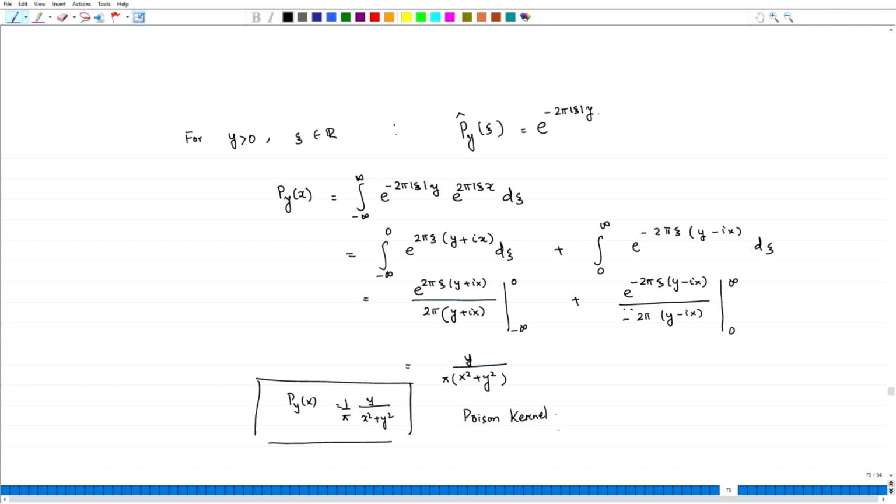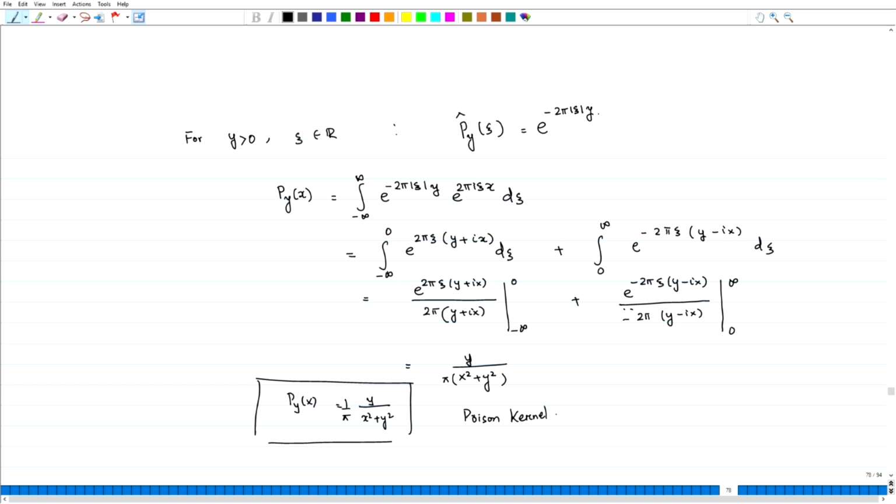So, what we have seen is that for each such y, u is f convolution P_y at x.